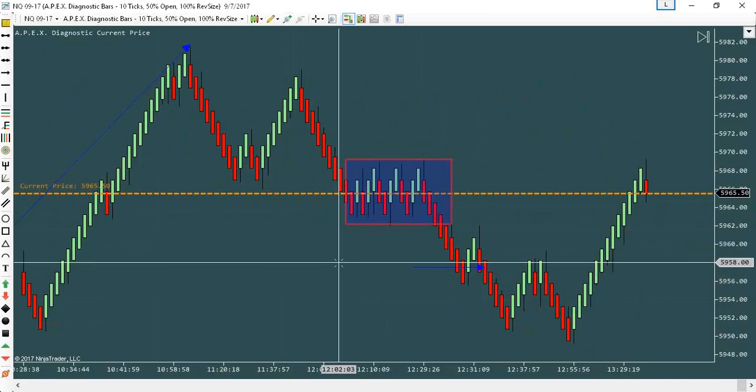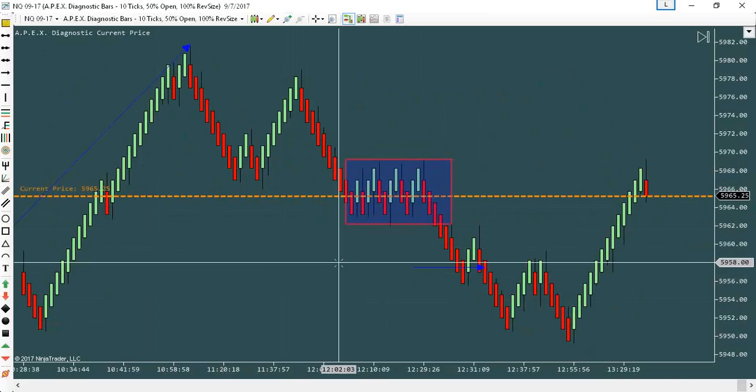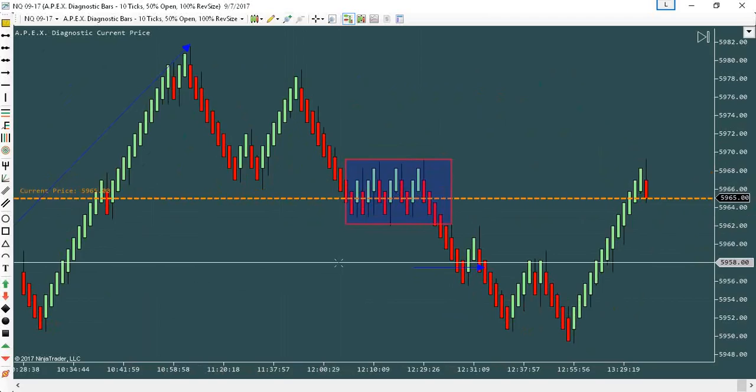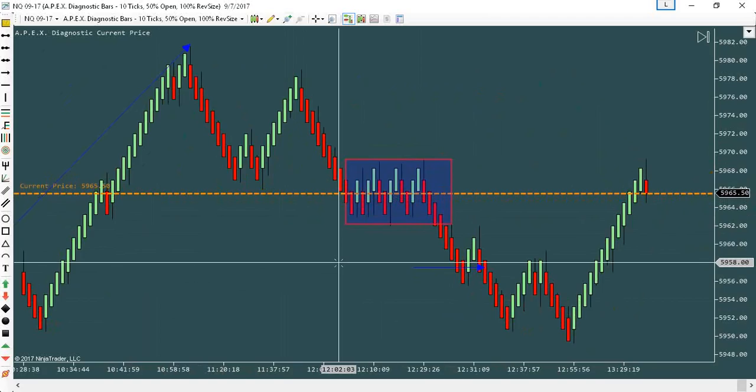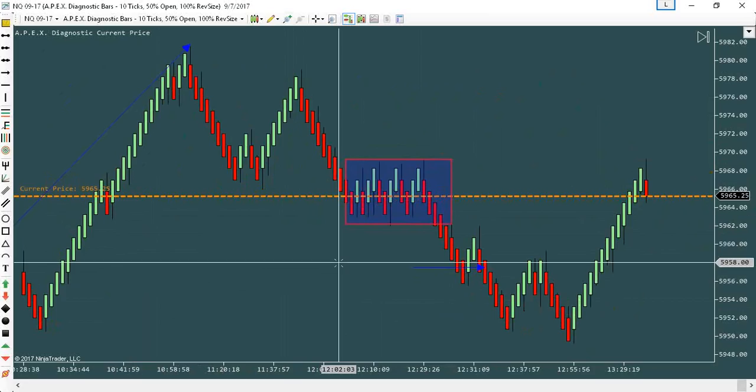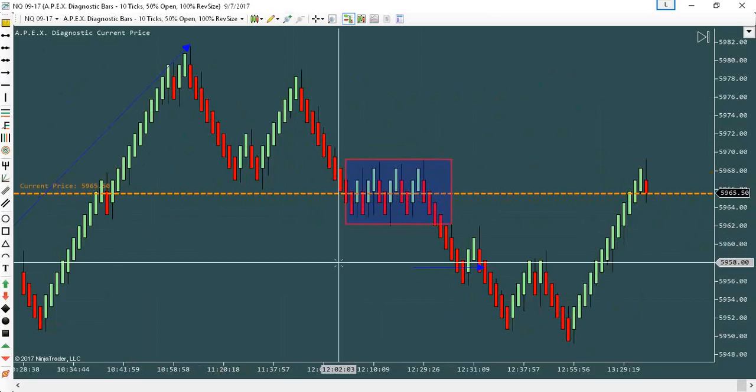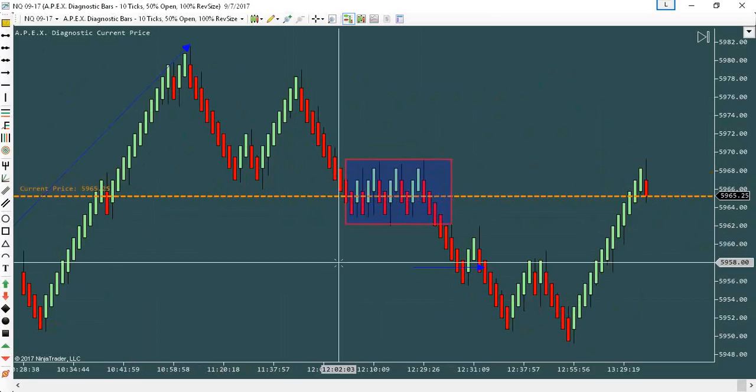Right? Makes sense? If I can have a 1-to-1, just think about some numbers for a minute. If I can have a 1-to-1 risk-reward ratio, and I'm only right half the time, I only have profitable trades 50% of the time, where am I at, profit-wise? I'm break even, right? Everybody follow me there?